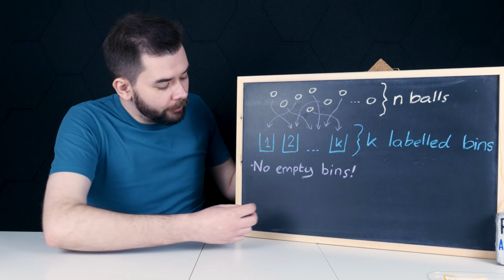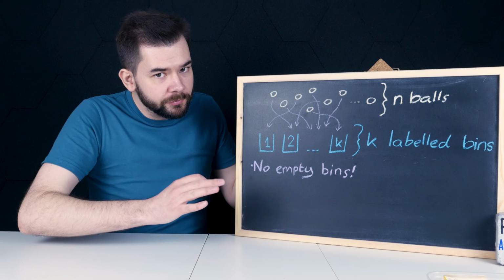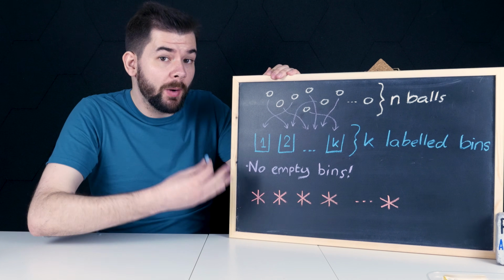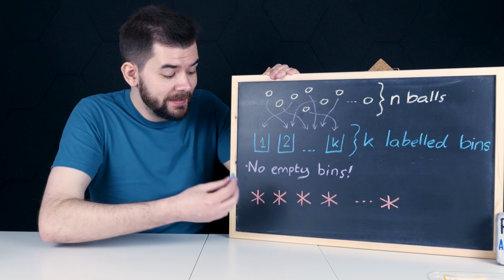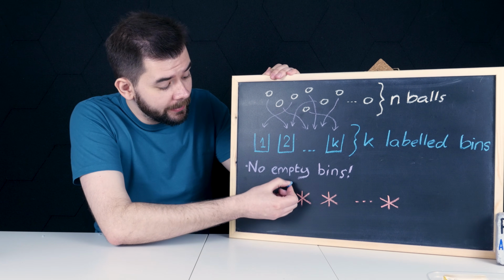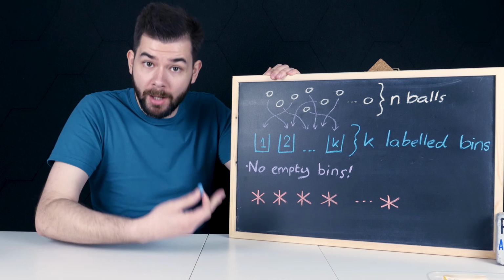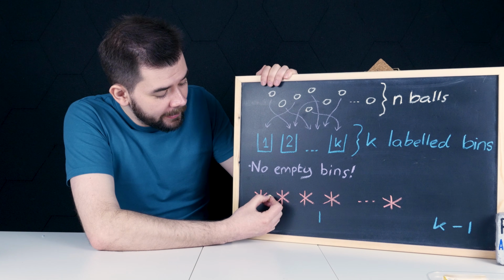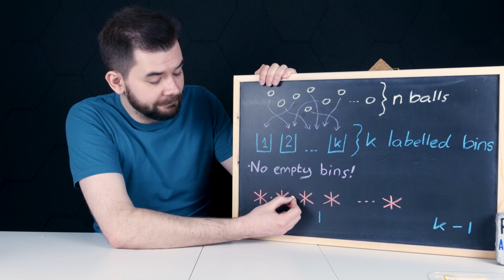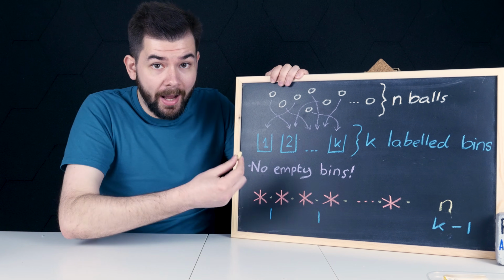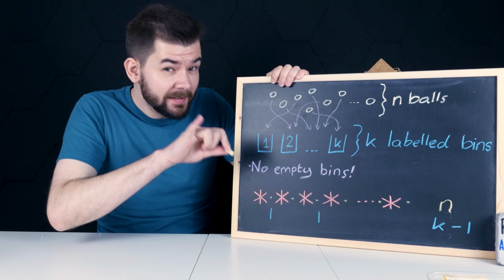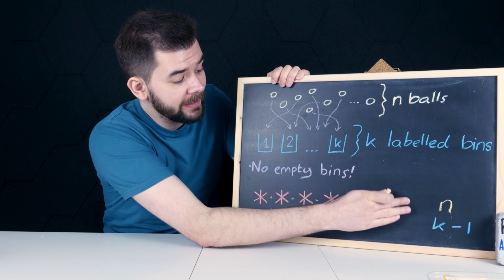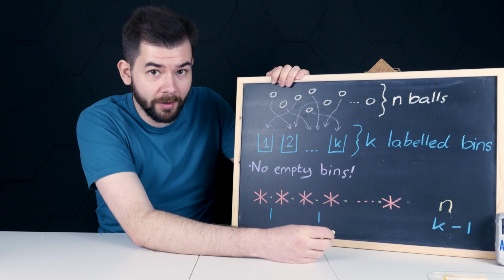So let's imagine a row of n, not balls, but stars. And now I want to assign these to k bins, so I need to place down k-1 partitions, or bars. And how many ways are there of doing it? Well, after every star, there is a valid position for one of our bars. So there are n valid positions for the bars, except I'm not allowed to put one on the end, so there are in fact n-1 valid positions.